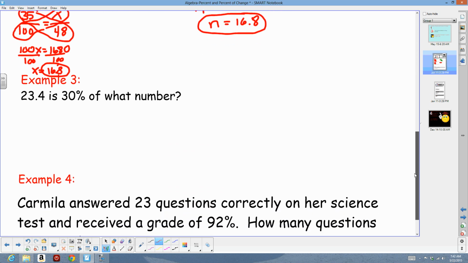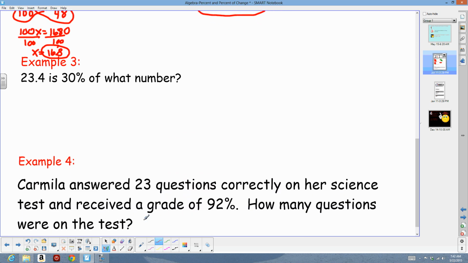All right, next one. Percent proportion, 30 over 100 equals 23.4 is the part of what number we don't know, so make that your variable. So 30x equals 23.4 times 100.